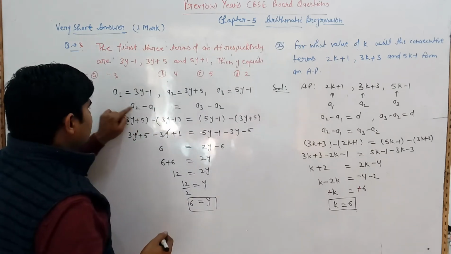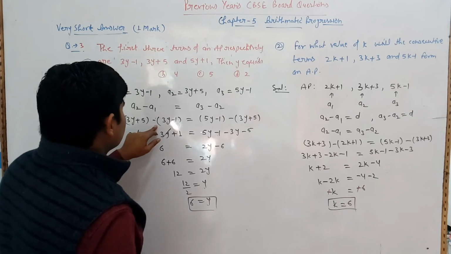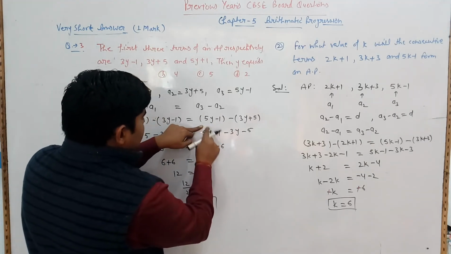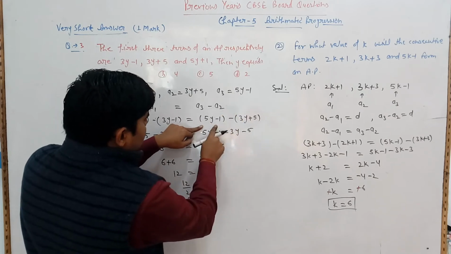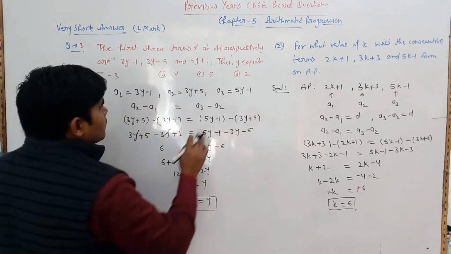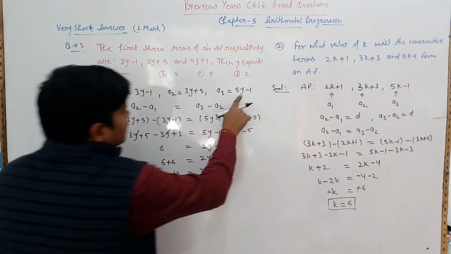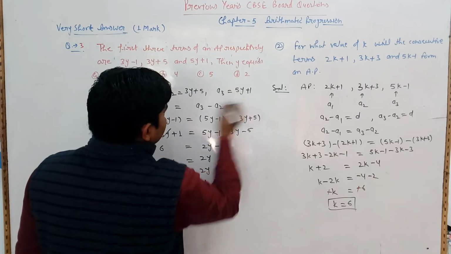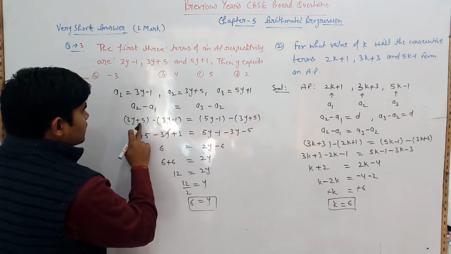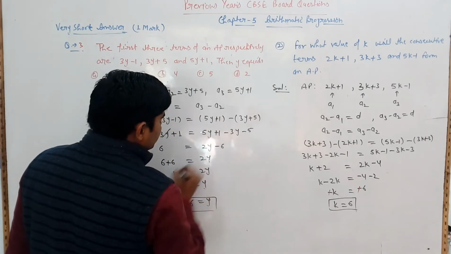Check it. A2 minus A1: A2 is 3y plus 5, minus A1, 3y minus 1, and A3 is 5y plus 1. So here A2 minus A1 equals A3 minus A2, with 5 plus 1.